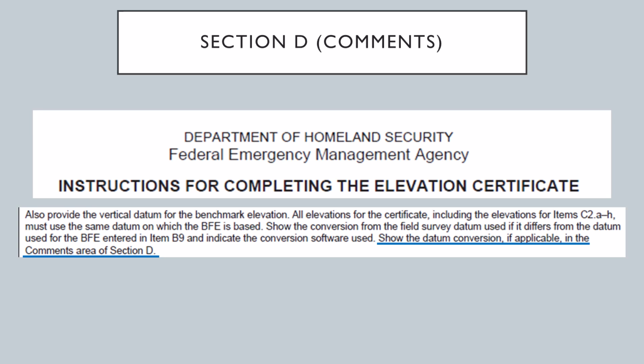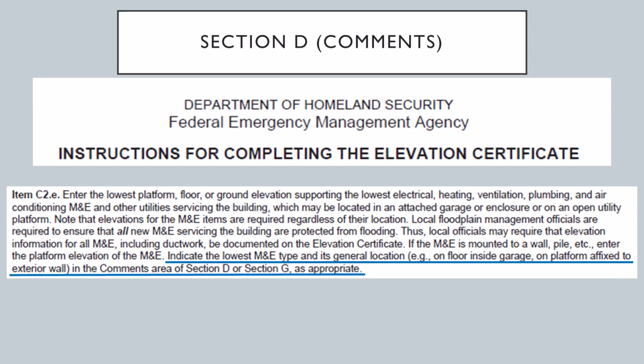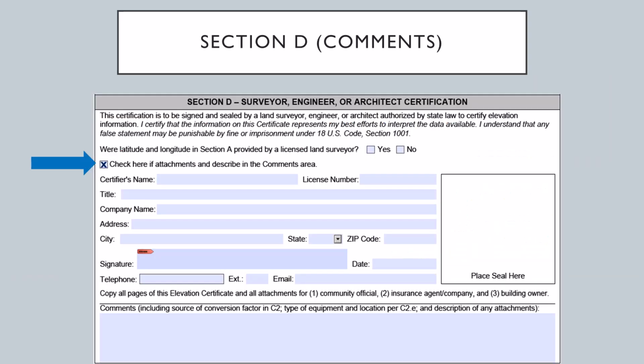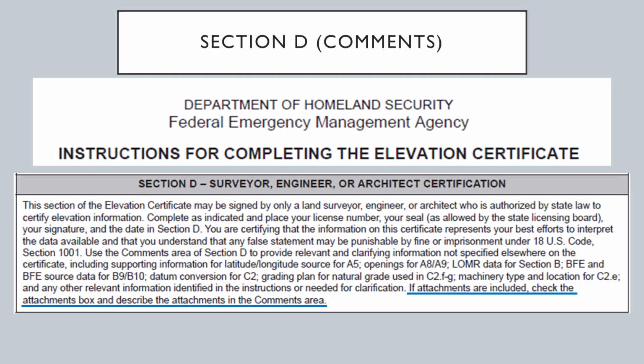If the datum for elevations shot in section C2 are not in the same datum the FIRM is in, then a conversion factor must be explained. If machinery and/or equipment servicing the building is present, the machinery must be described and a location given for it. If the attachments box in section D is checked, a description of the attachments must be included.